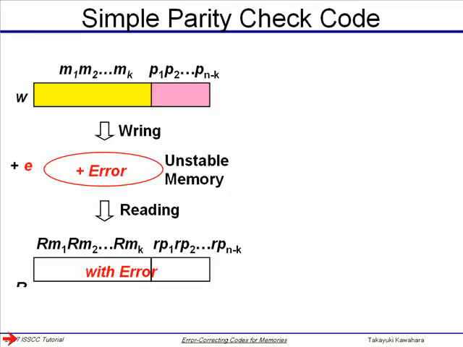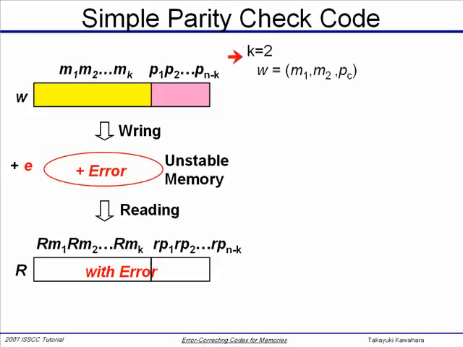Okay, again, we have the word W. And with the writing, also we have the error. So let's assume the error is E, the error vector E. With the writing, we have some data with error. This is R, the received word. Please assume the carrier is only 2.